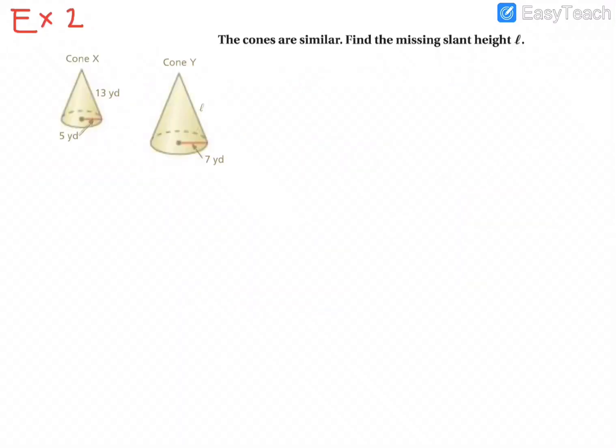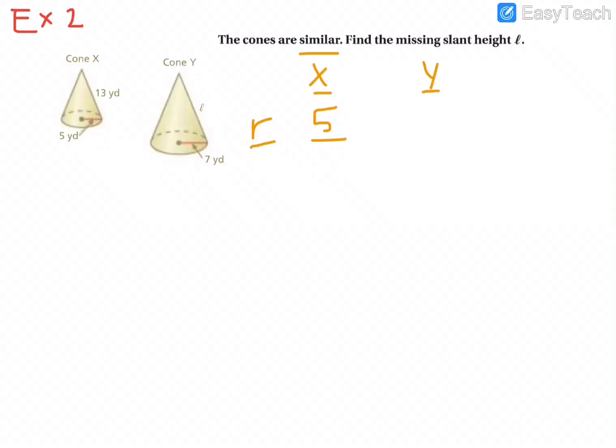Okay, this one's a little bit different because they are asking you for the slant height on this one. So we are not assuming, because they told us, we know that they're similar. So we know that the ratios of the corresponding side lengths should be equal. So let's start with radius of the cone X, and we'll do Y over here.